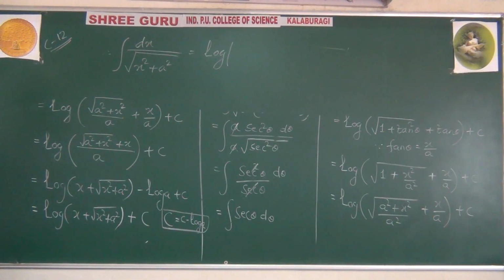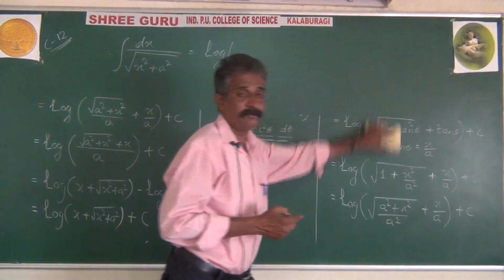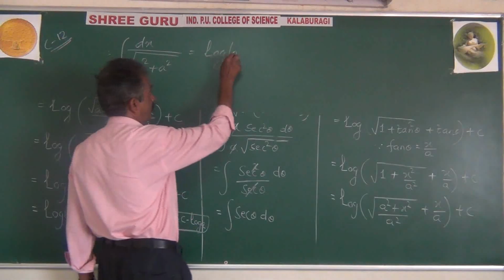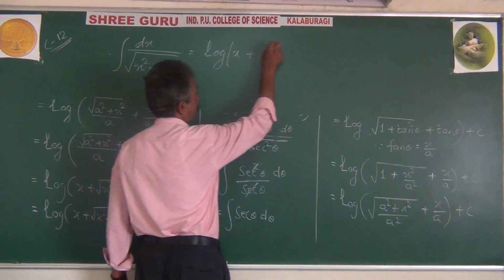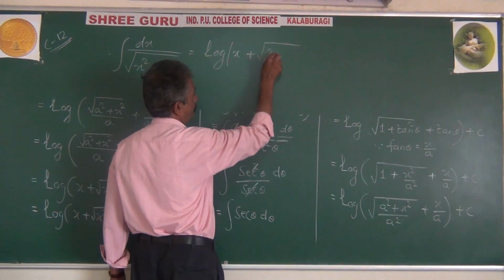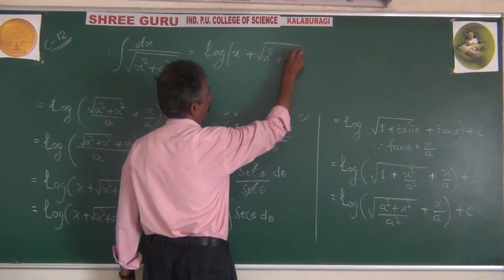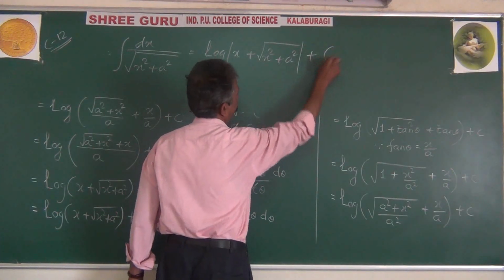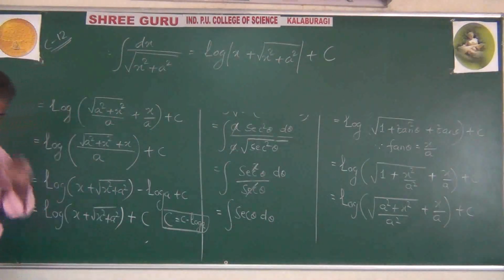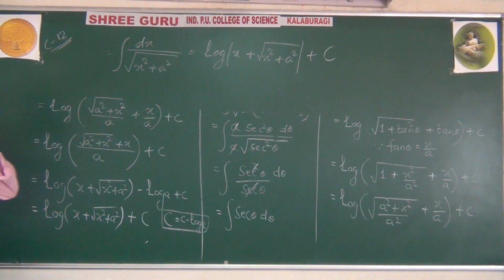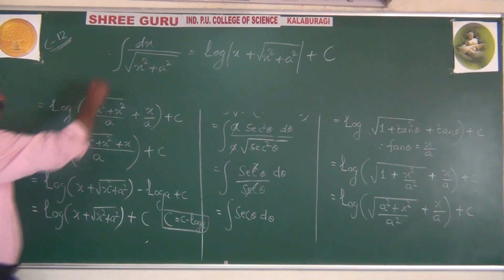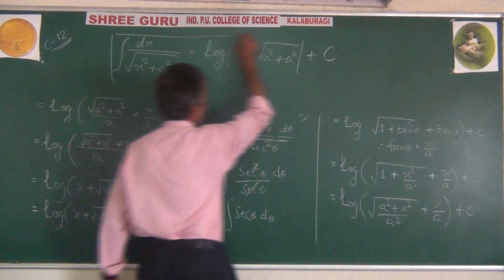Even though mod is not there, it is understood. Log of modulus of x plus root x square plus a square plus c. Better highlight it, I mean underline it.